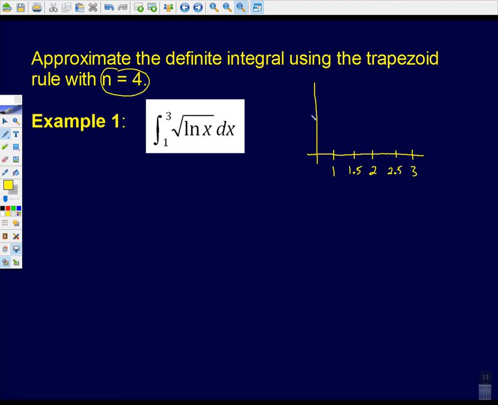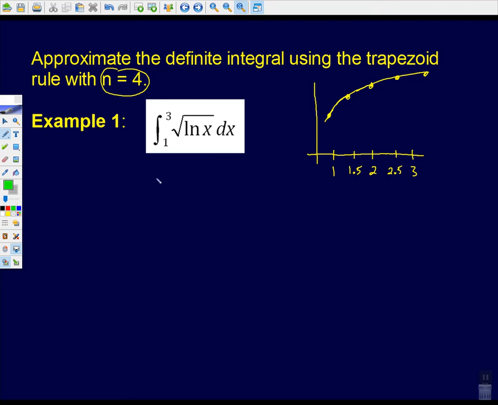The function is going to be a positive valued function. It's going to be up here. I'm just going to assume it's roughly like a regular square root function. And so there will be a series of points that I can mark on it every half a unit.